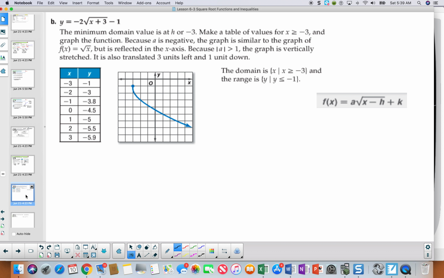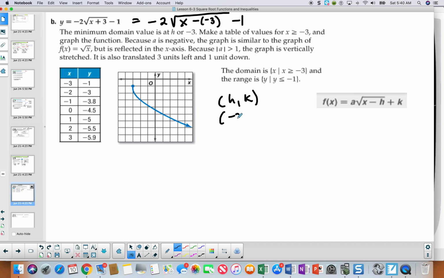You can write it in set builder notation, or you can write it in interval notation. Let's take a look at another one, and let's just rely on this and take a look at our HK. Now if I rewrite this problem with a subtraction in it, then this will be x take away a -3 minus 1. And now we can read our HK a lot better.